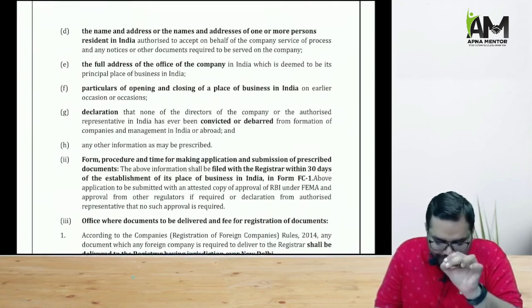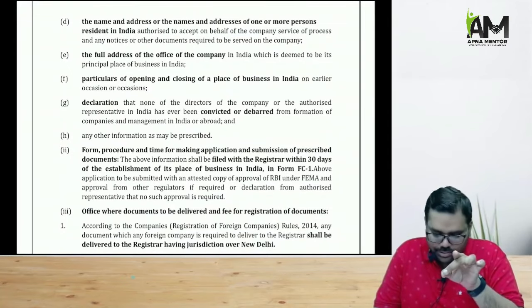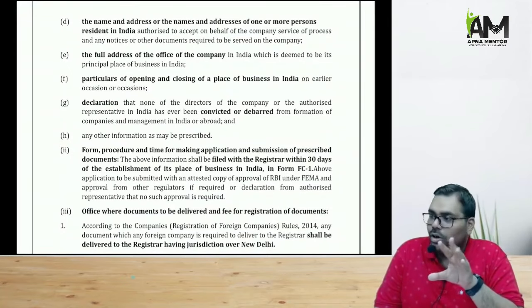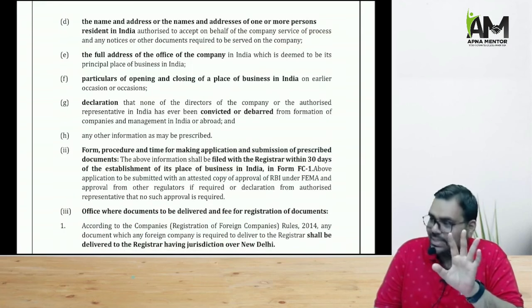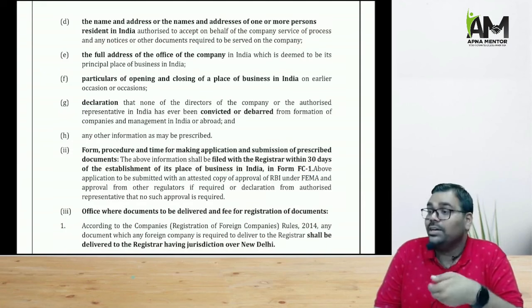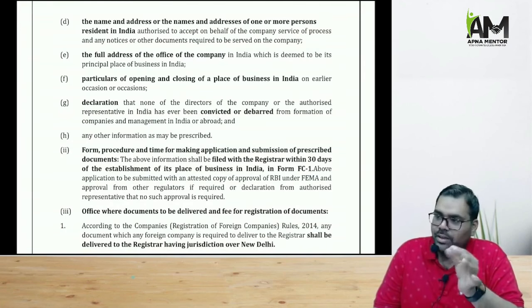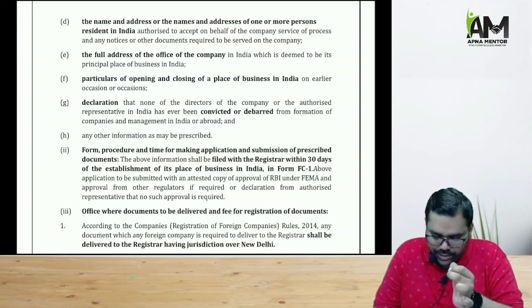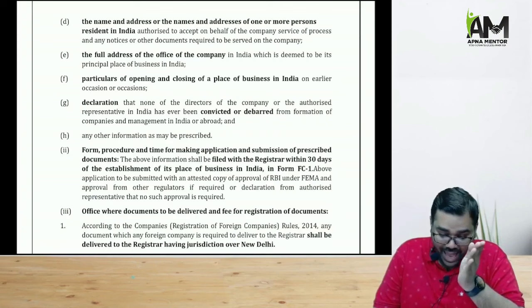You remember that there was a declaration for the Indian companies also, that the directors have not been convicted for any fraud or something like that in the last 5 years. Now again here a declaration is very important: that none of the directors of the company or the authorized representative in India has ever been convicted or debarred from forming companies in India or abroad.